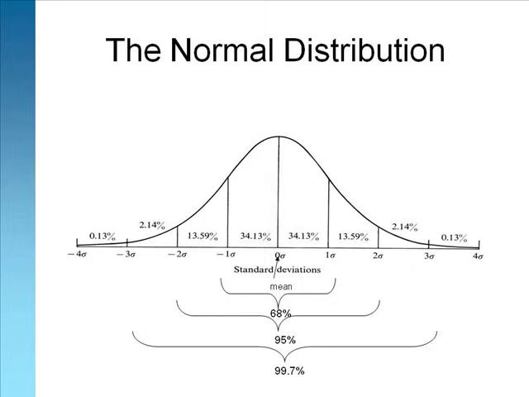The percentages represent the amount of data points that occur within 1, 2, and 3 standard deviations from the mean. Our rule of thumb is that 68% of the data are within 1 standard deviation of the mean, 95% are within 2 standard deviations, and 99.7%, nearly all the data, are within 3 standard deviations of the mean.